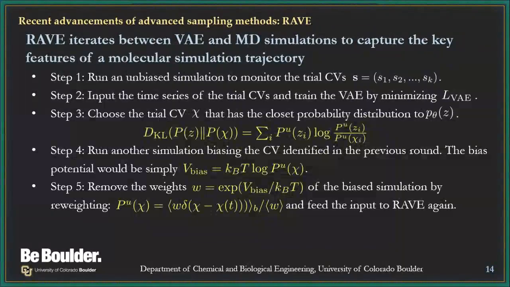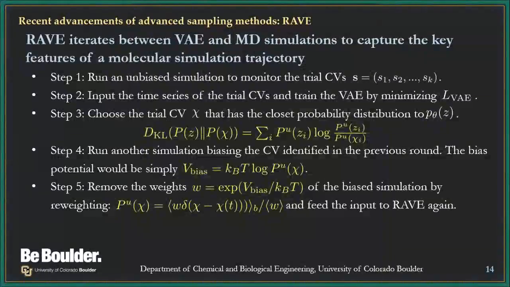That is actually a very, very good question, and I had exactly the same question after reading the paper that proposed RAVE. In fact, that is one limitation of the RAVE algorithm. It does not automatically tell you, among infinitely many CVs, which one is the best.